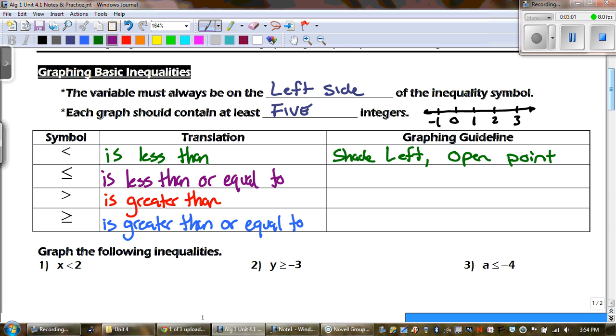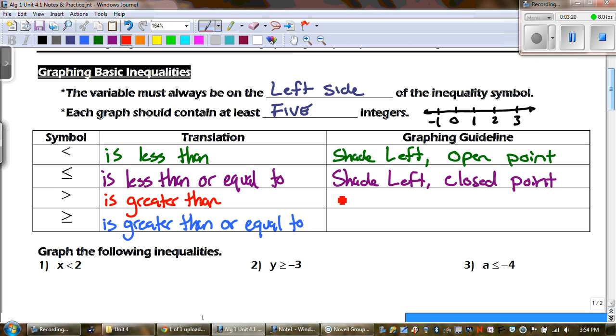Okay. Now, if it's is less than or equal to, we're doing the same thing where we shade to the left, but this is what's going to be called a closed point, or one that you shade in. Okay.